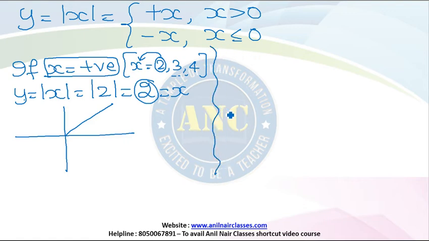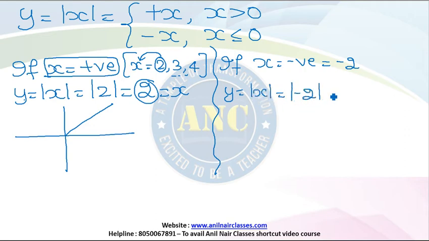Similarly, for the other case, if x is negative, let me take x value as -2. Then y is equal to mod x means in place of x write -2. What is mod of a negative value? Mod of a negative is again positive. Mod of -2 is +2 itself. Y is equal to 2.